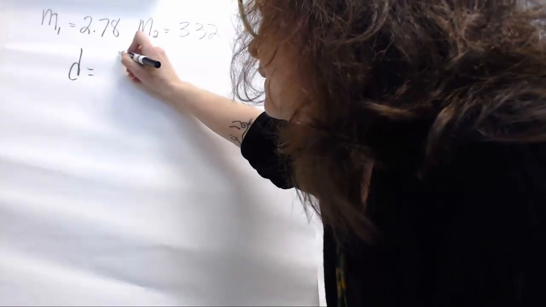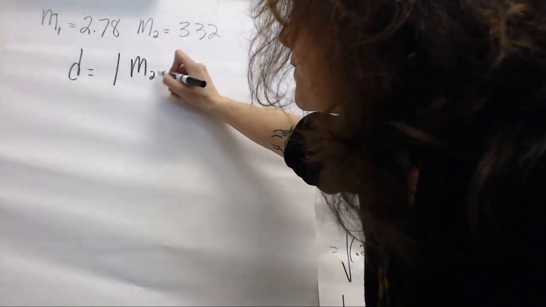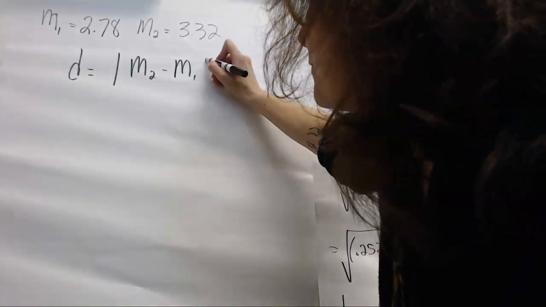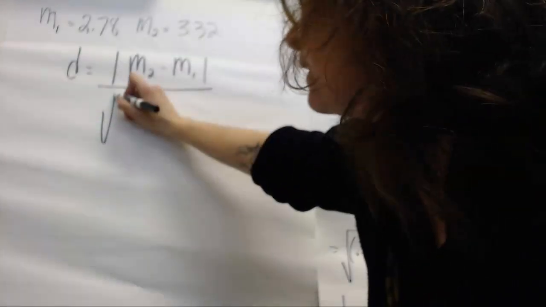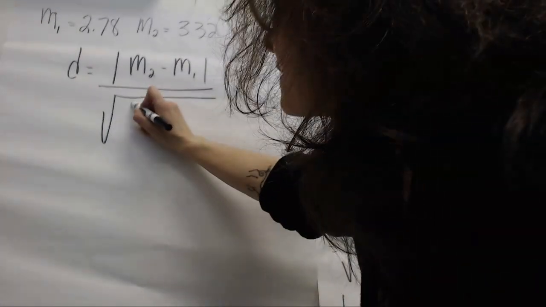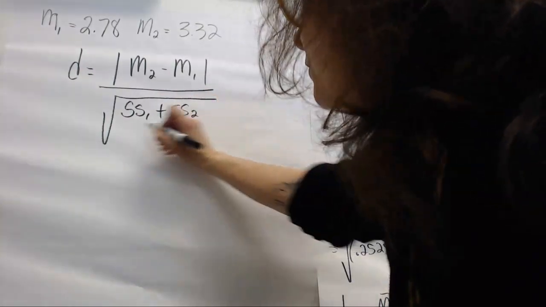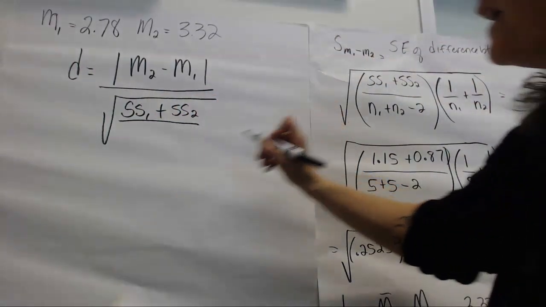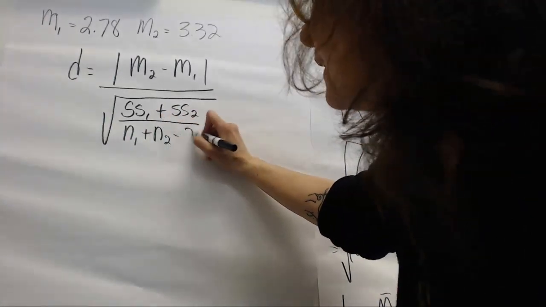All right, so the Cohen's d formula is the absolute value of the difference between the means for the two groups divided by the square root of sum of squares 1 plus sum of squares 2 divided by n1 plus n2 minus 2.